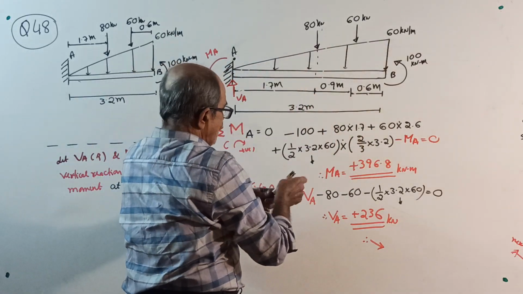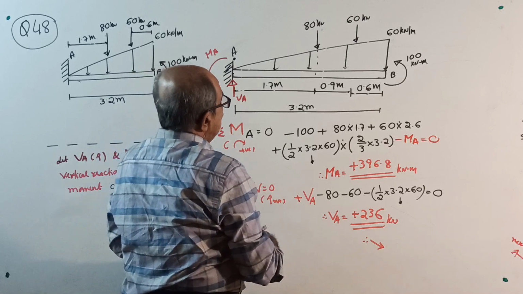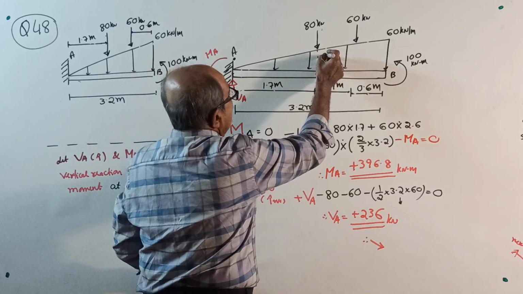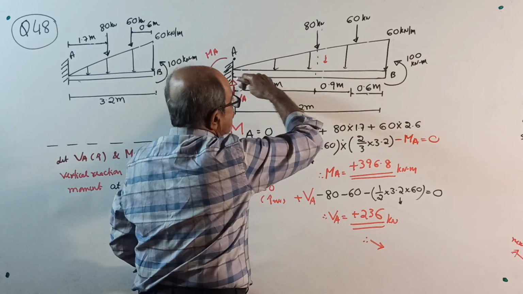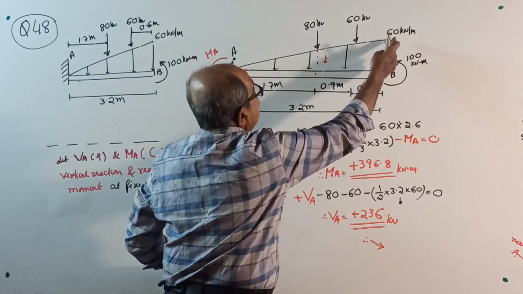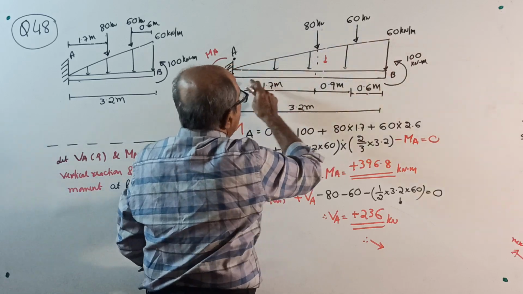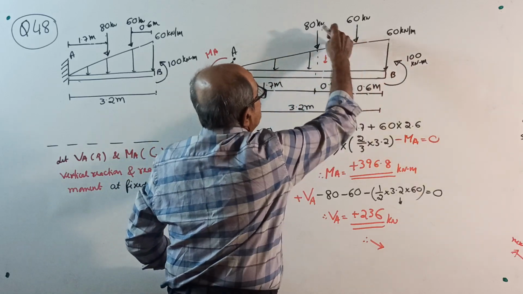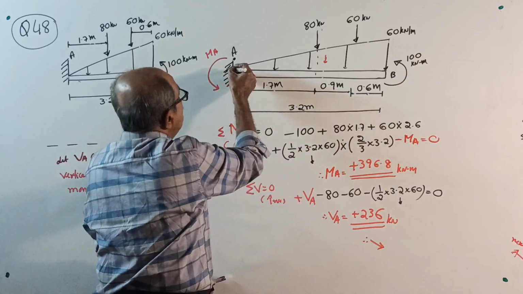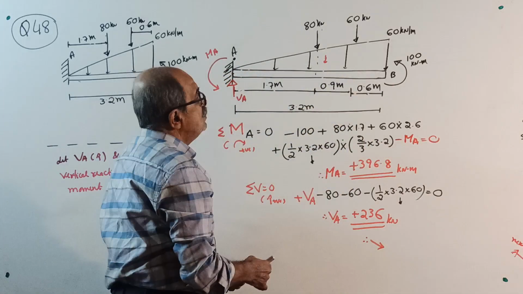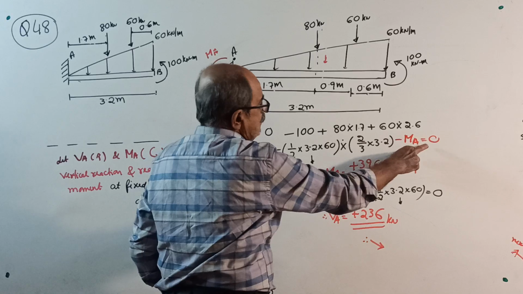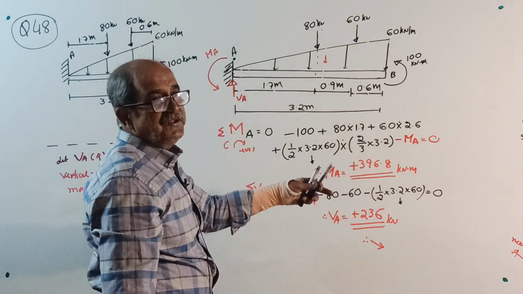Then the total uniformly varying load will be acting somewhere here, half into base 3.2 into 60. This 60 is not that 60. That is the point load 60, this is intensity 60. Half into 3.2 into 60 is the total load, into 2/3 of 3.2 from here, minus MA equal to 0. You get the value of MA positive.